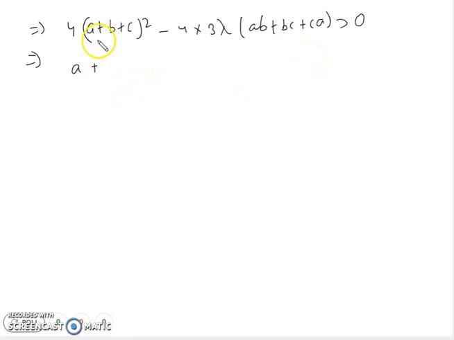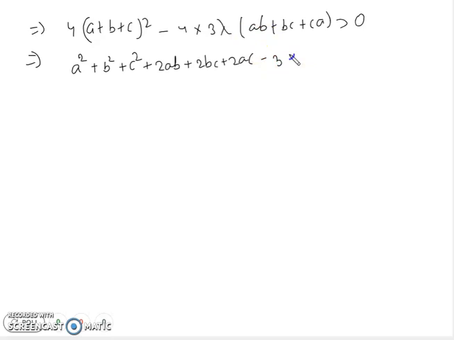And we can write (a plus b plus c) whole square equal to a square plus b square plus c square, plus 2ab plus 2bc plus 2ac, and minus 3 lambda ab, guys.